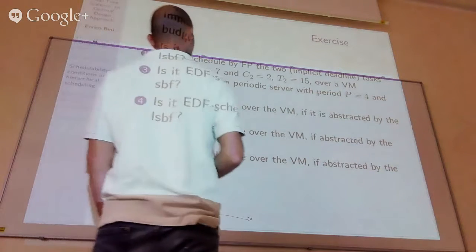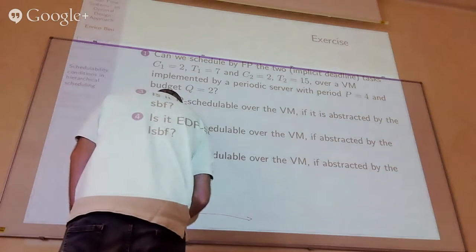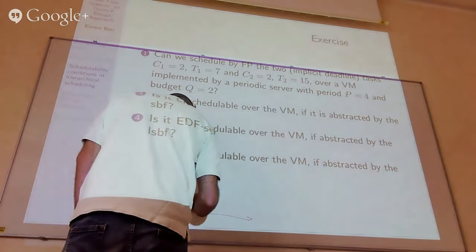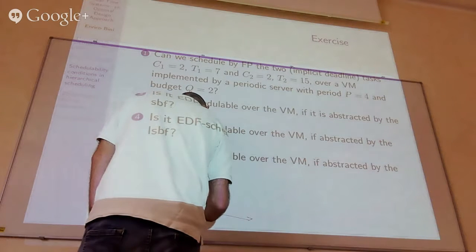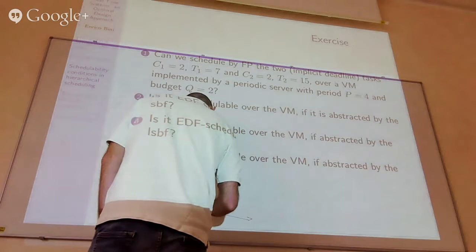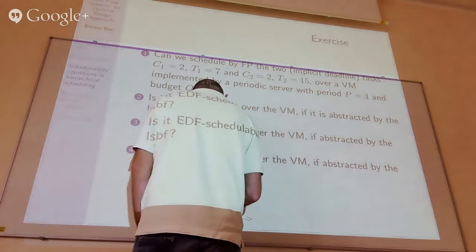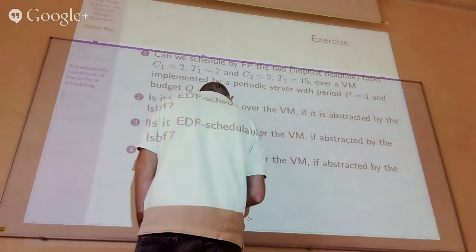If you have a period of 4 and a budget of 2, it is 0 until 4. Then at 6, it goes to 2. And until 8 it is flat.